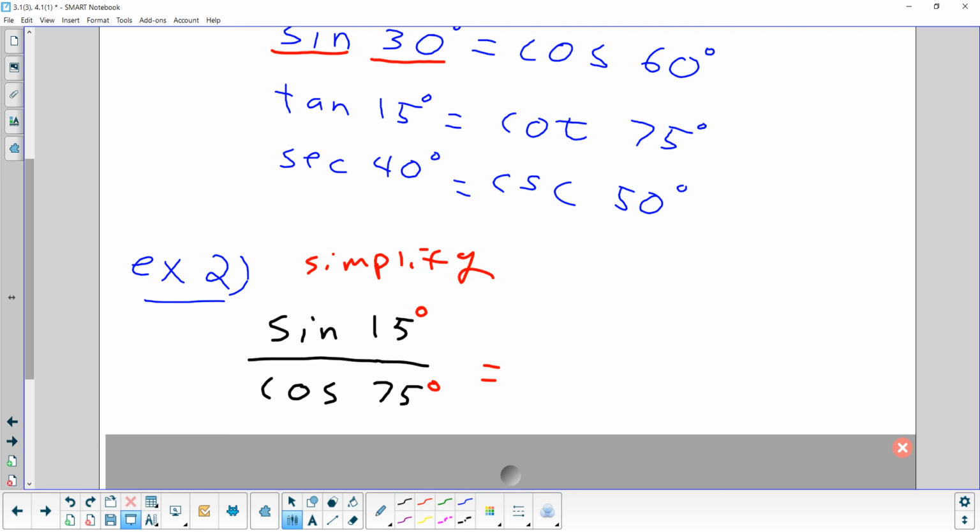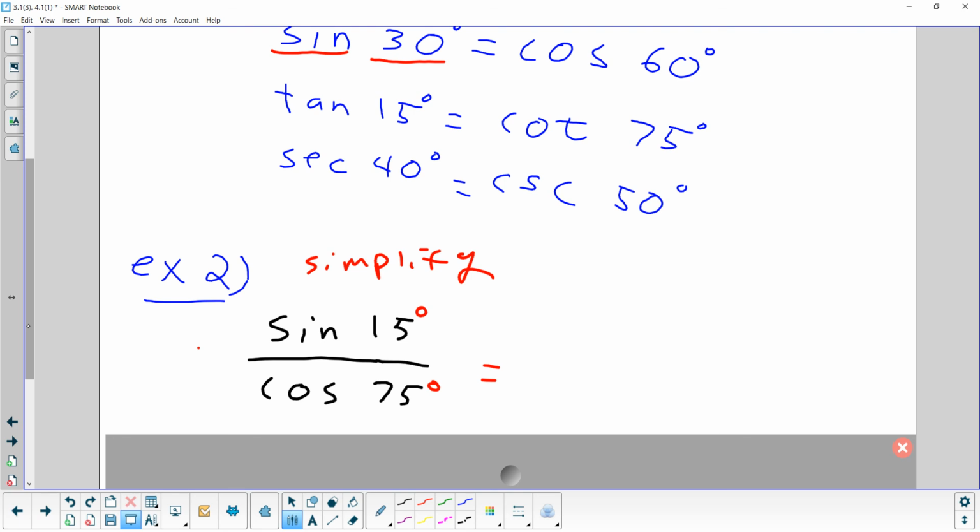Now, off the top of my head, I don't know what the sine of 15 is. That's not an easy one to remember. I also don't know the cosine of 75. But to do this problem, you don't need to know what the top is and what the bottom is. If you're trying to think of it that way, that's more work than you need to do.